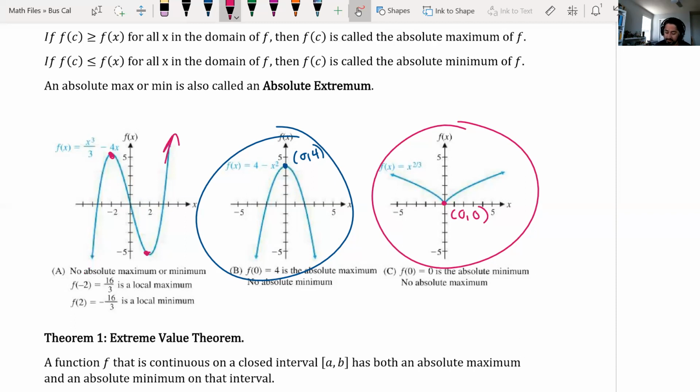So these will just be considered local maximums and local minimums. Okay. So what we're going to look for today is an absolute max and an absolute min, or another way to say it is absolute extremum.